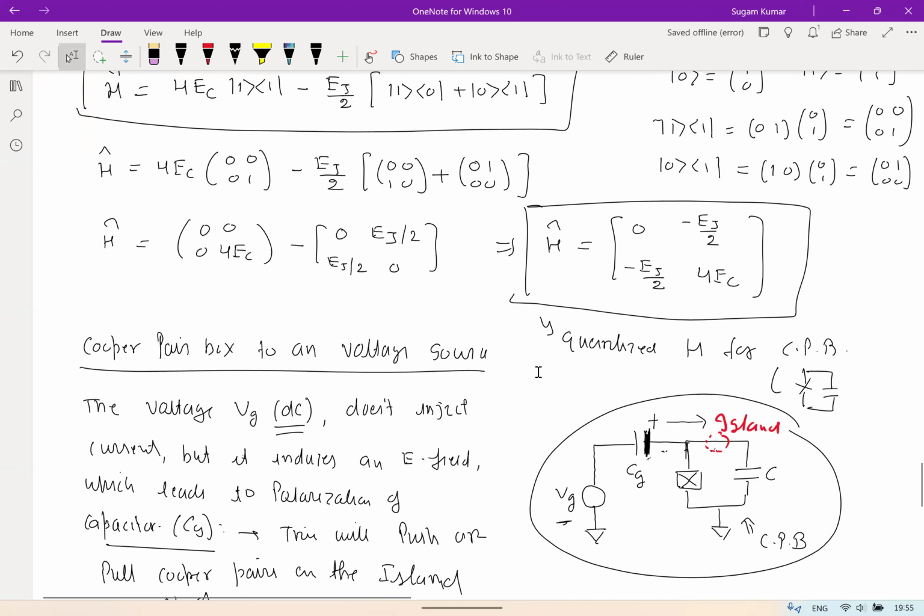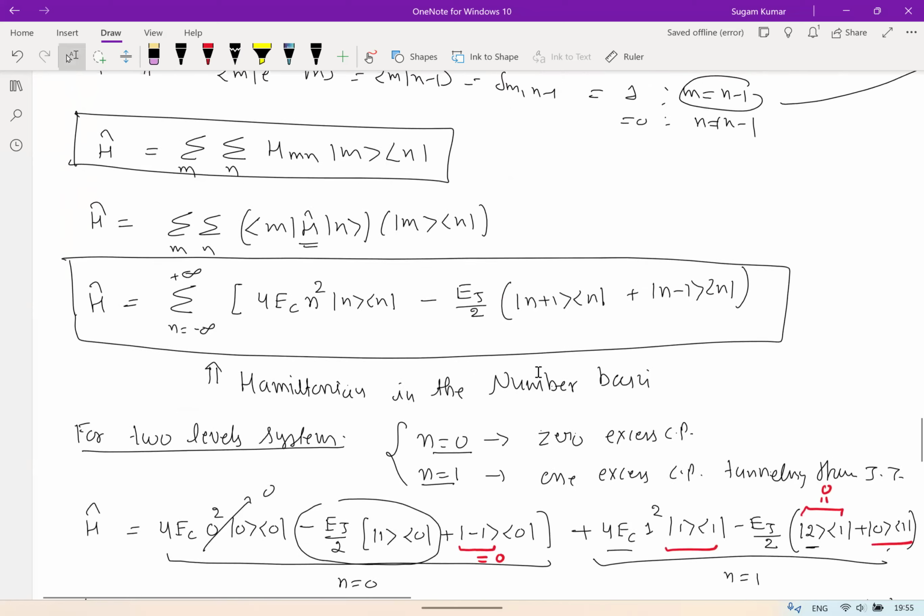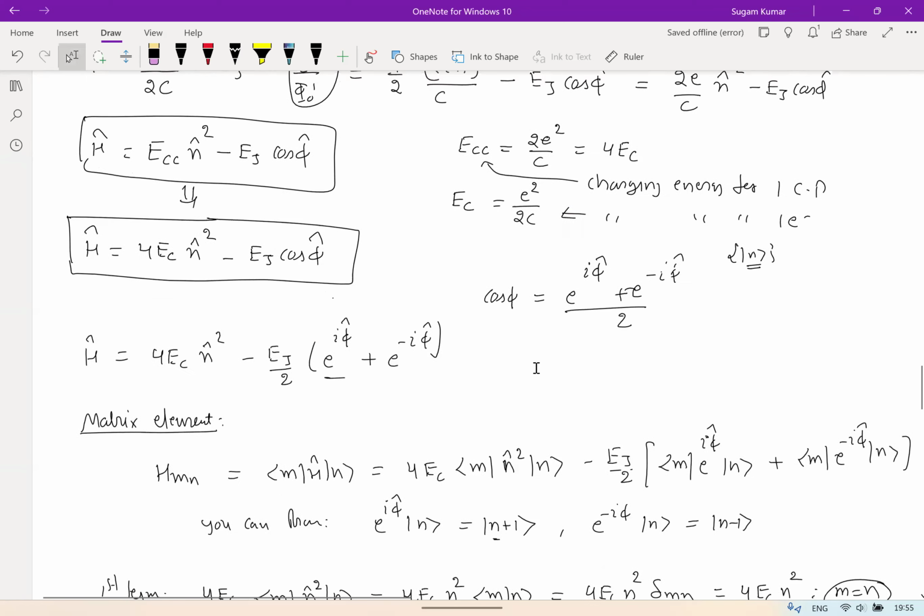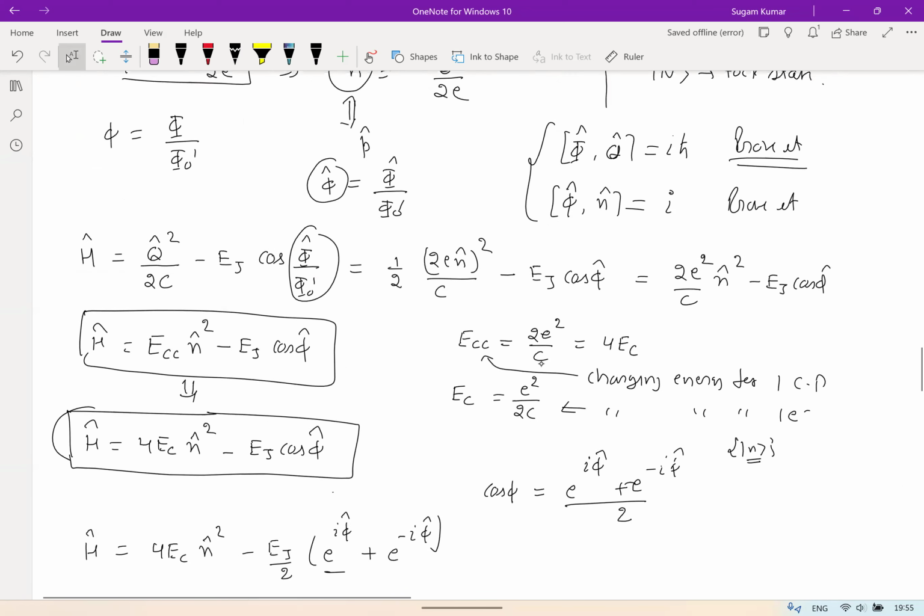You must also keep in mind that when we were working with the normal system, then we had this Hamiltonian: only 4 times EC N square minus EJ cos phi, when the Cooper box was not attached to the VG. So here you can see the VG equal to 0, so Ng also equal to 0.